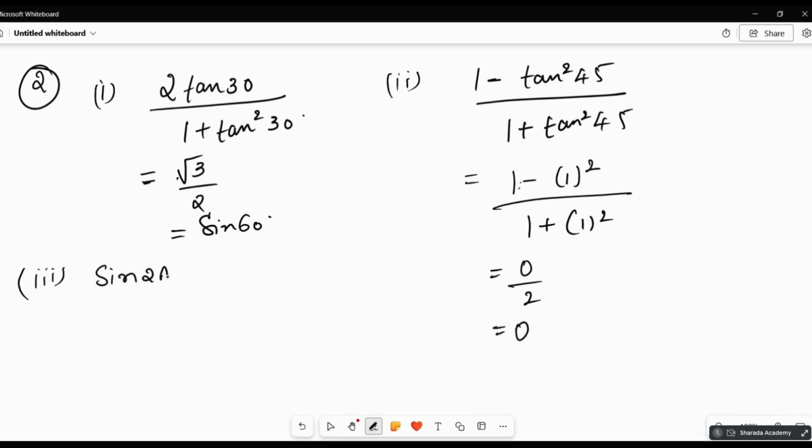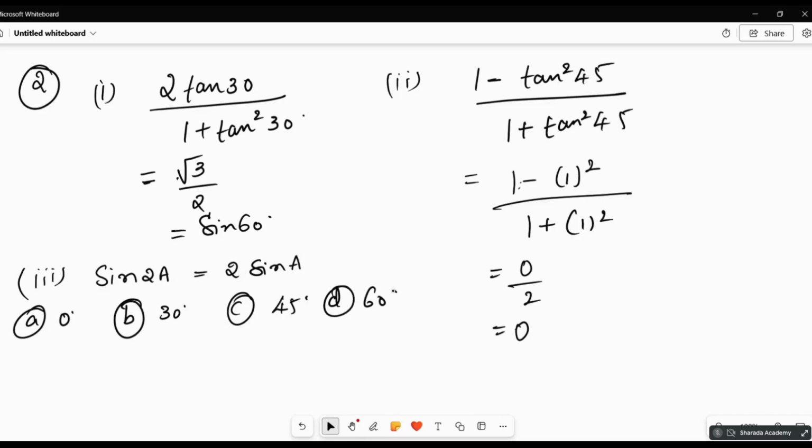Sine 2A is equal to 2 into sine A. Is it true when A is equal to, and the options are A 0 degree, B 30 degree, C 45, and D 60 degree. For which value of A is this true, he is asking.